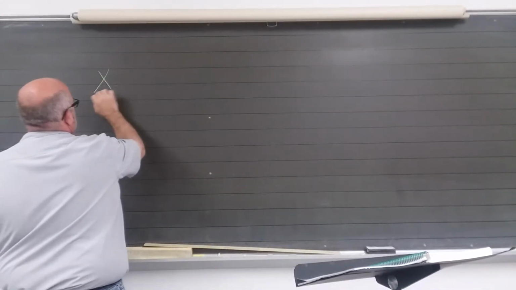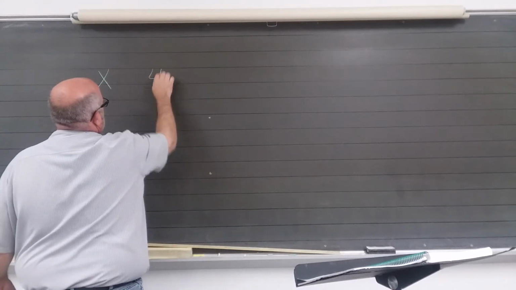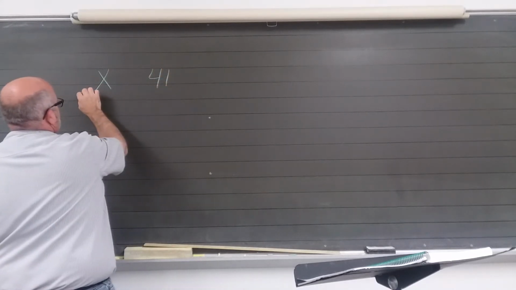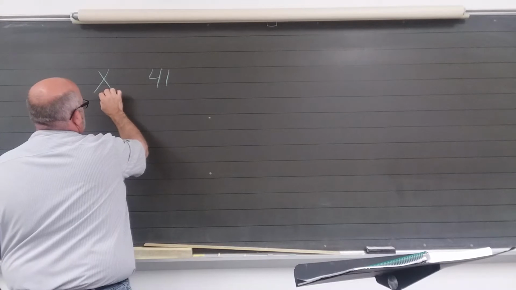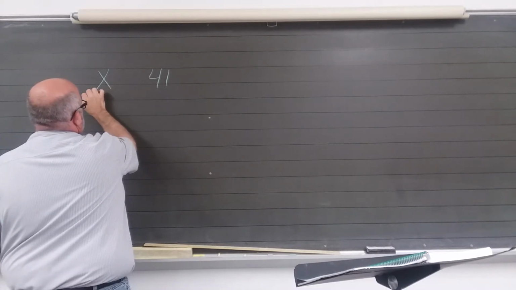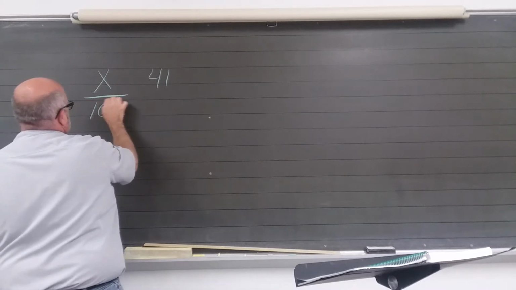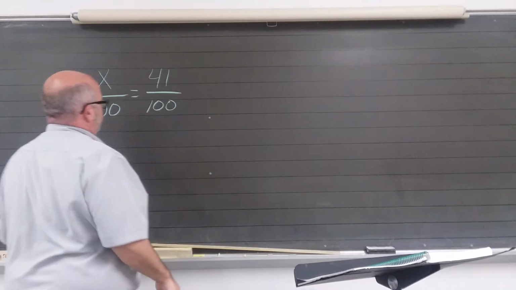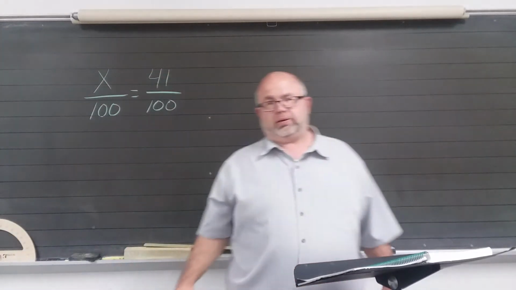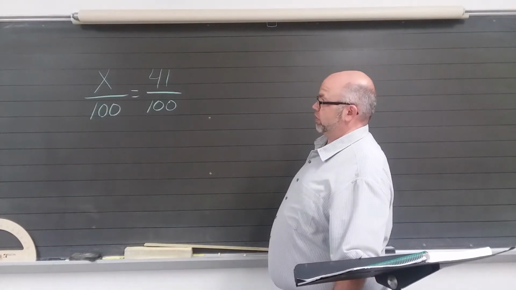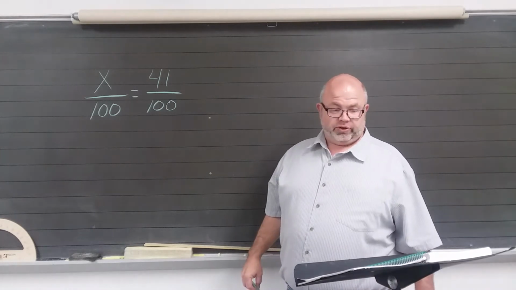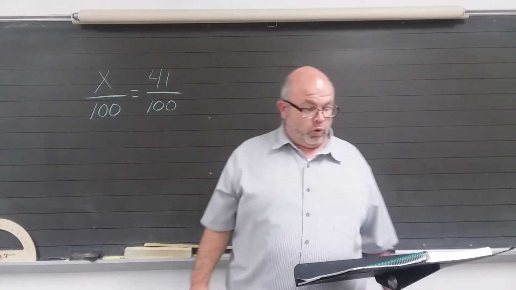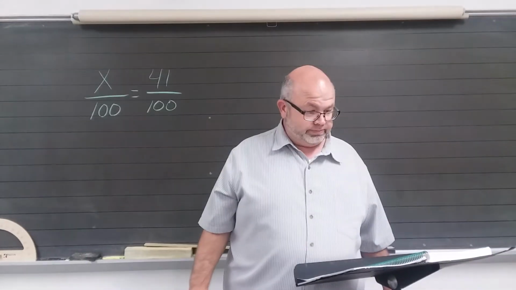That's the what, is 41% of, oh yeah, you got it. See, that's the confusing thing here. Well, if the denominators are the same, then the numerators must also be the same. So x equals 41. All right, that's number 17.